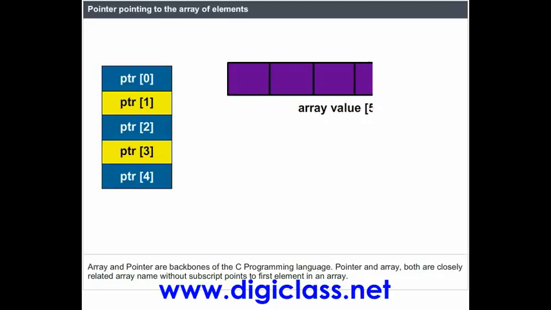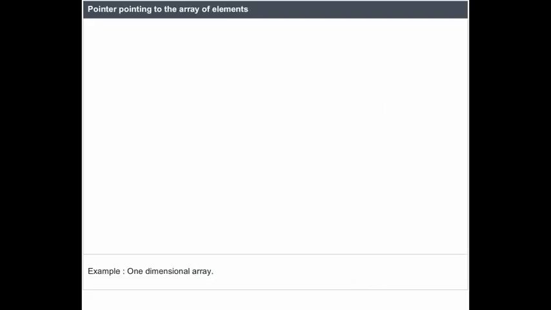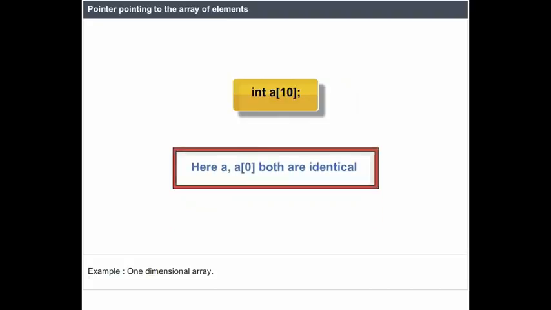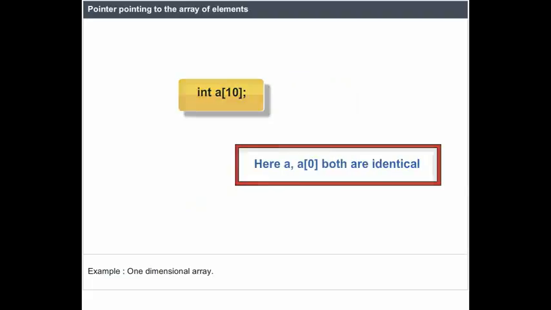Array and pointer are the backbones of the C programming language. Pointer and array both are closely related. Array name without subscript points to the first element in an array. Example, one-dimensional array: int a[10]; here a and &a[0] are identical.